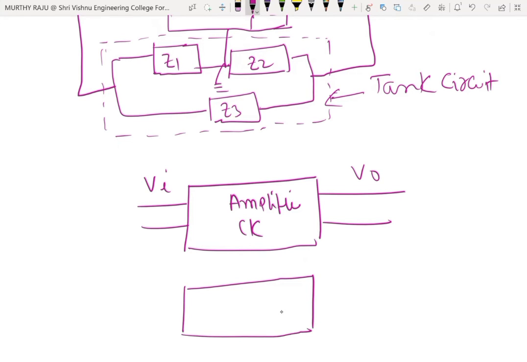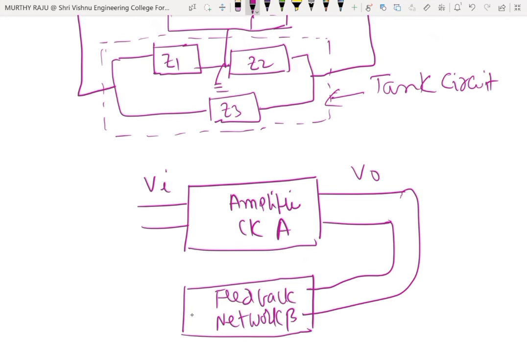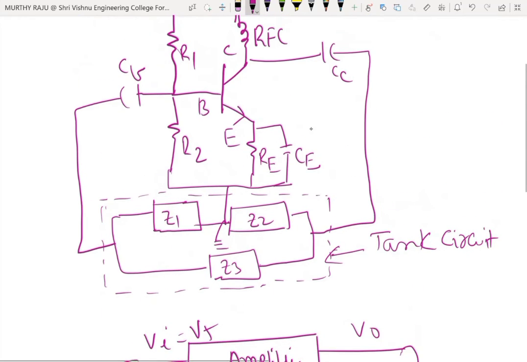This is the feedback network. Feedback factor is gain beta. Amplifier gain is A. The output of the amplifier is connected as input to the feedback network. The output of the feedback network is connected as input to the amplifier circuit. The output of the feedback network is VF. VA is equal to VF.